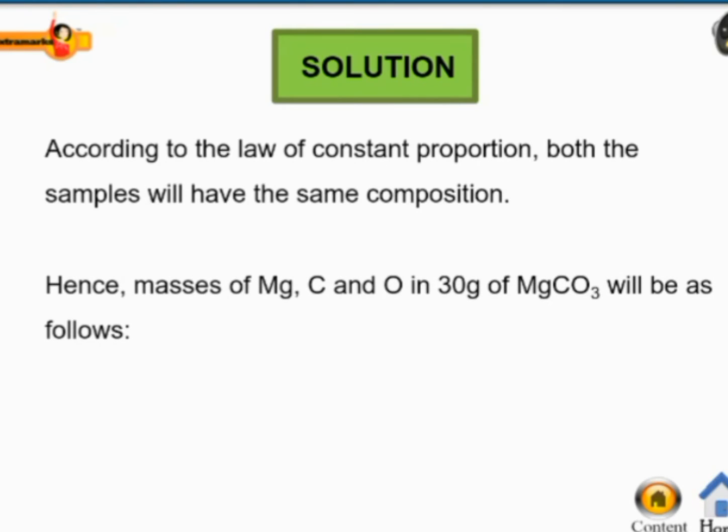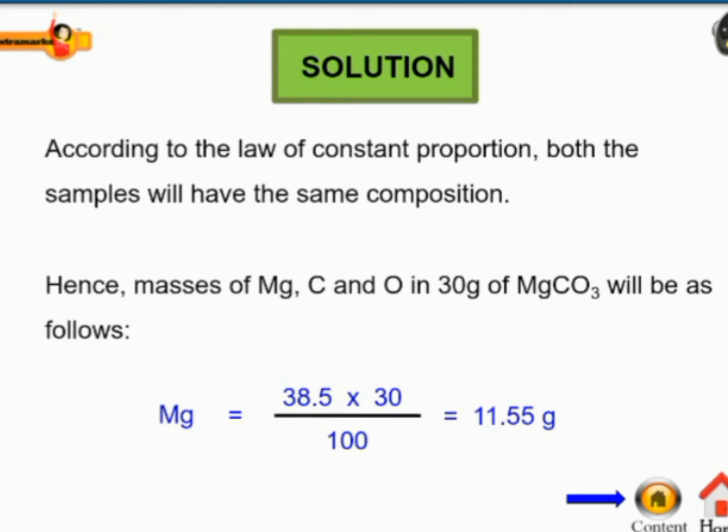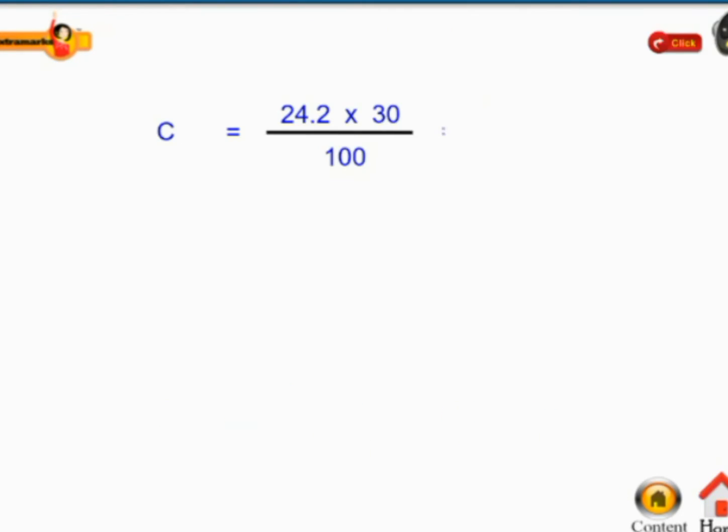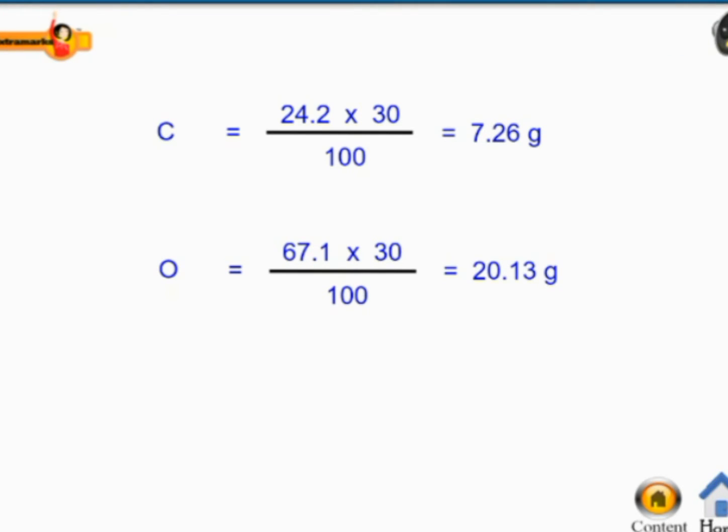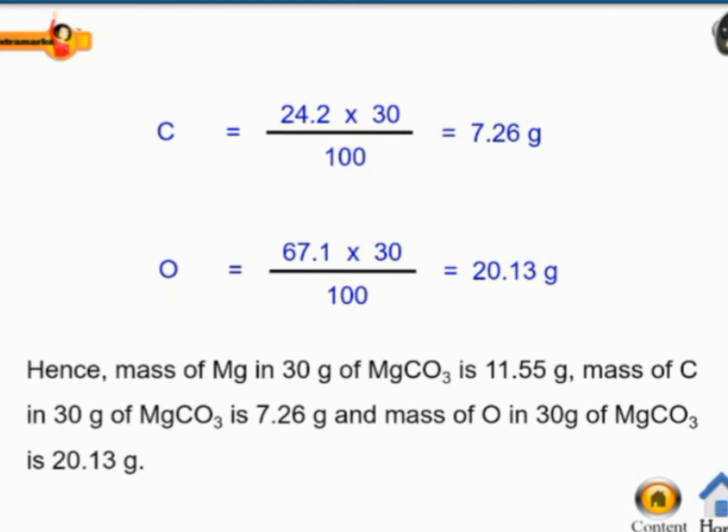Hence, the masses of magnesium, carbon and oxygen in 30 grams of magnesium carbonate will be: mass of carbon is equal to 7.26 grams, mass of oxygen is equal to 20.13 grams. Hence, the mass of magnesium in 30 grams of magnesium carbonate is 11.55 grams. The mass of carbon.